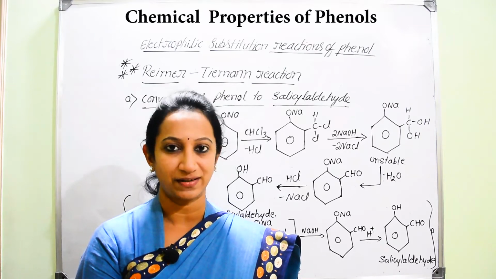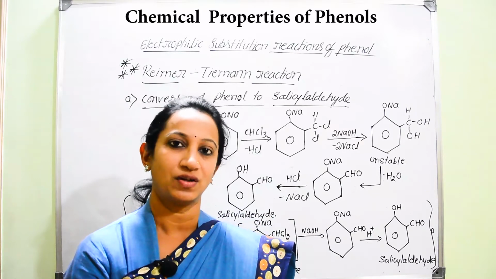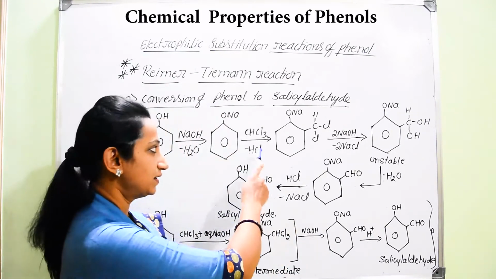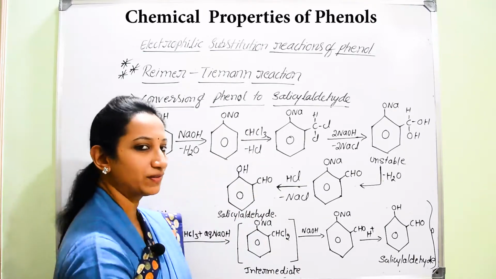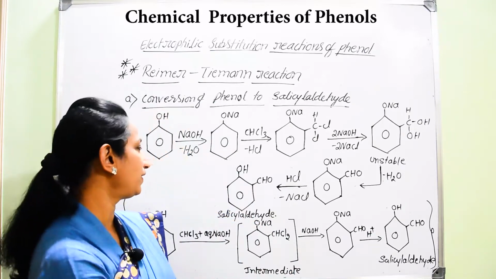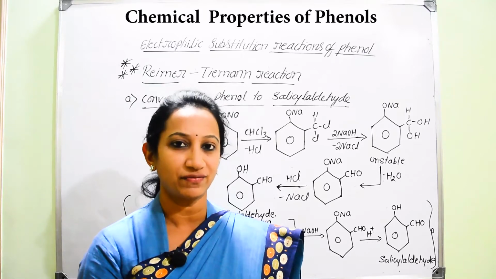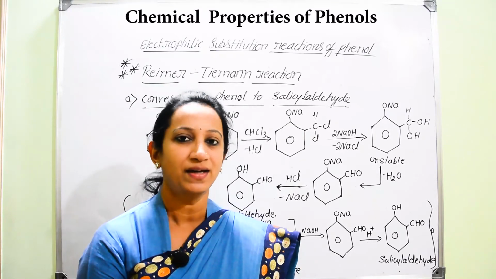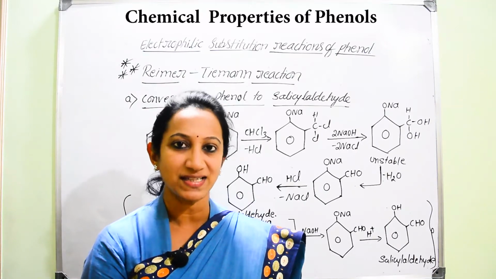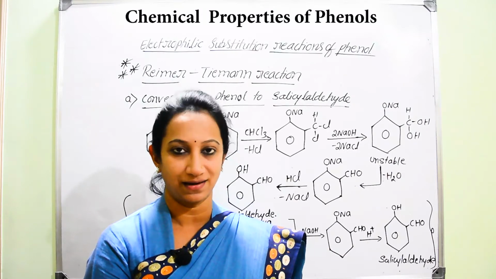Very first we are going to start with phenol. Now this phenol is heated with chloroform. What is this chloroform? That is CHCl3. When phenol is heated with chloroform in the presence of aqueous sodium hydroxide, that is strong alkali NaOH, and then followed by acidification, we are going to get the formation of salicylaldehyde.